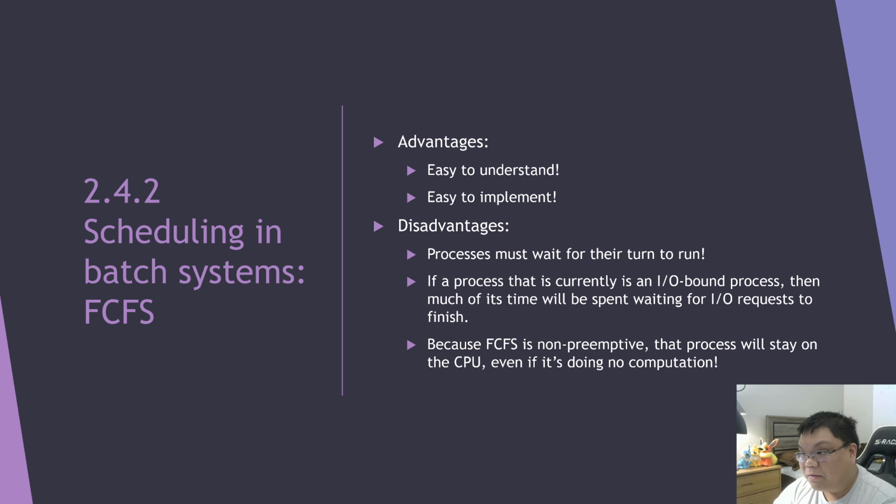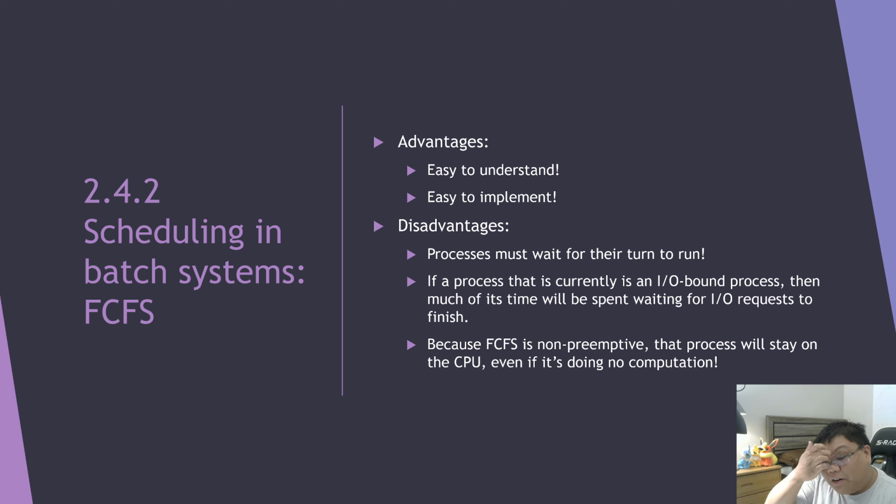First come, first serve. The advantage of this is that it's easy to understand and easy to implement. The disadvantage is processes must wait for their turn to run, and if a process is I/O bound, then it's going to spend more of its time waiting for I/O requests to finish. So if an I/O bound process is running and we have a first come, first serve scheduling algorithm, then when it's waiting for I/O, it's basically doing nothing.